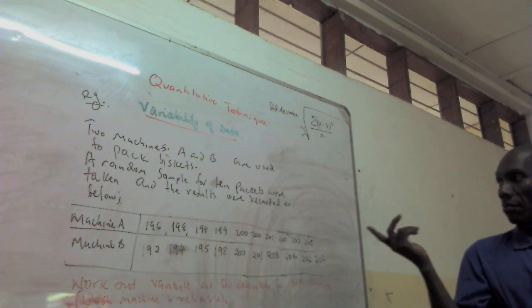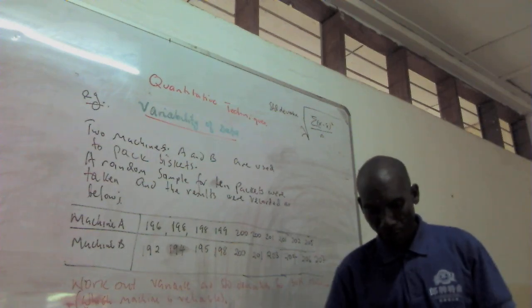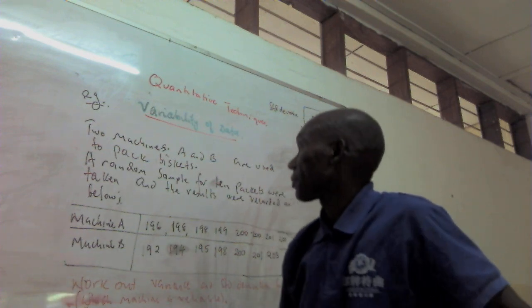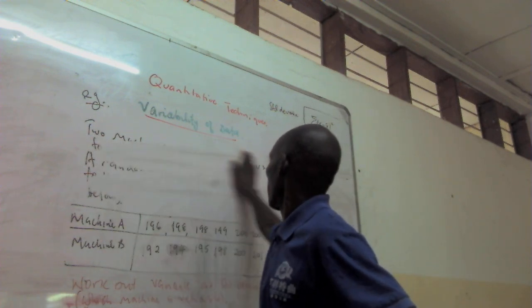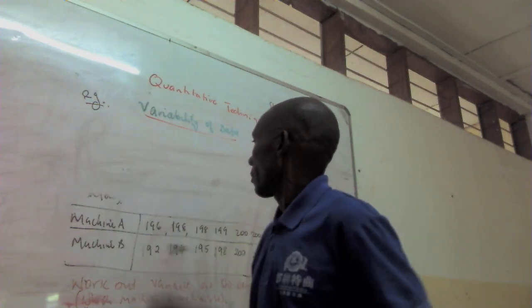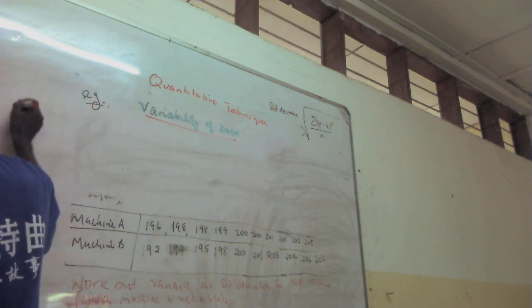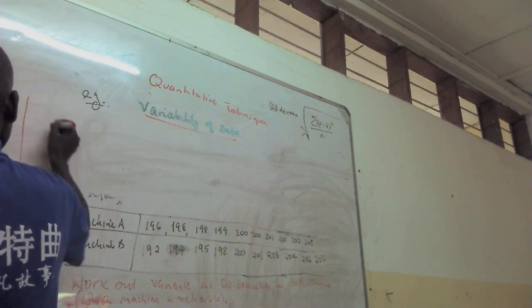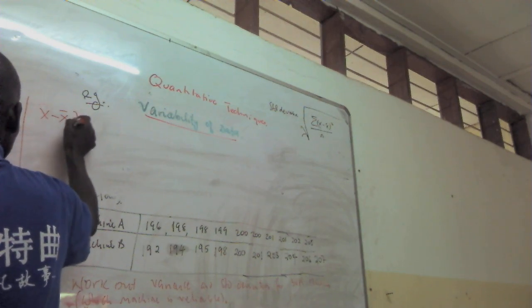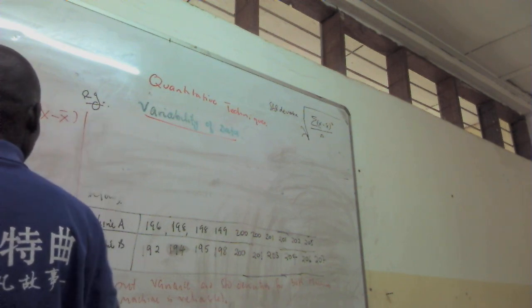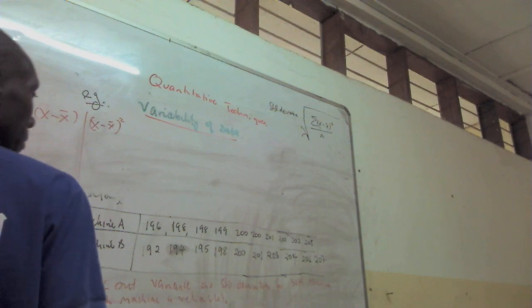Right, let's start with machine A. X, X minus X bar, X minus X bar squared.